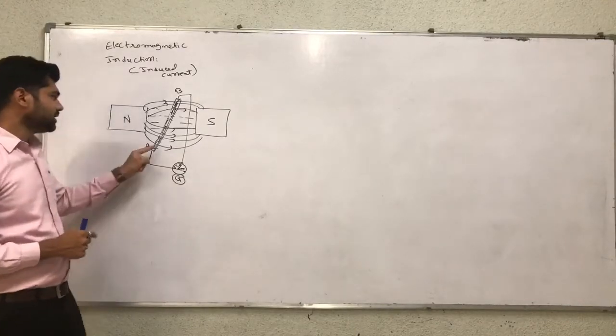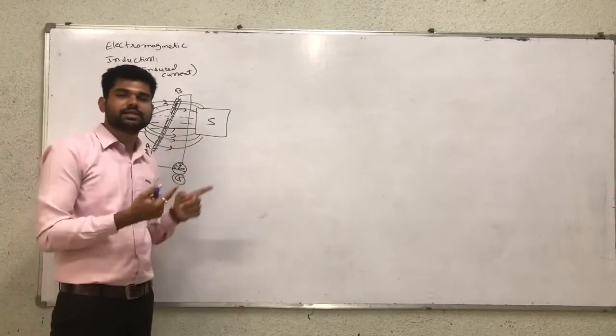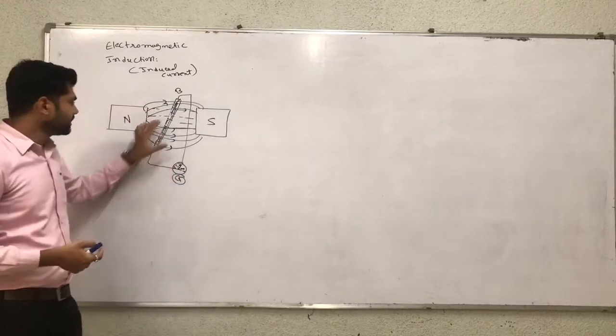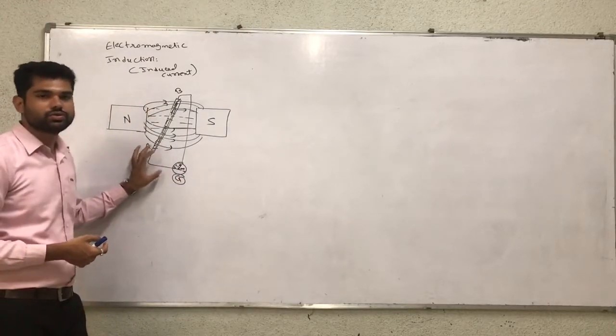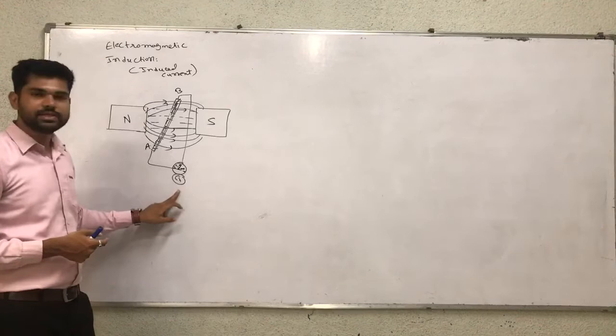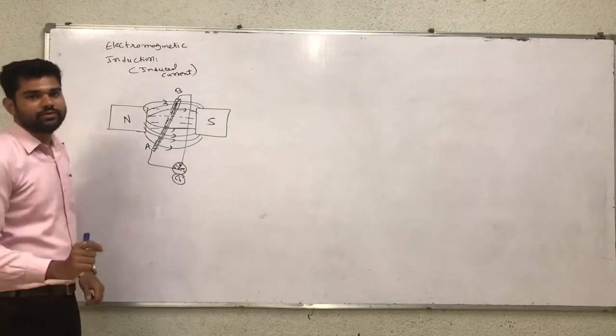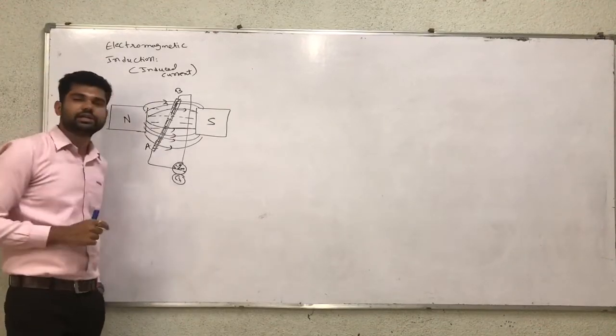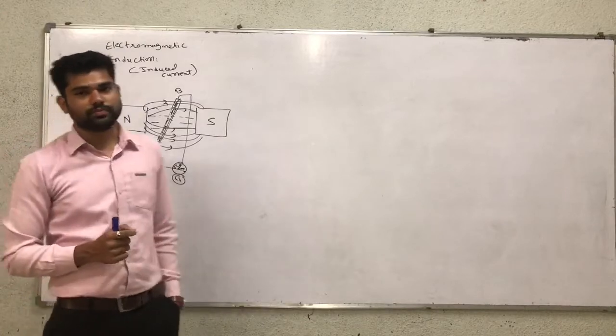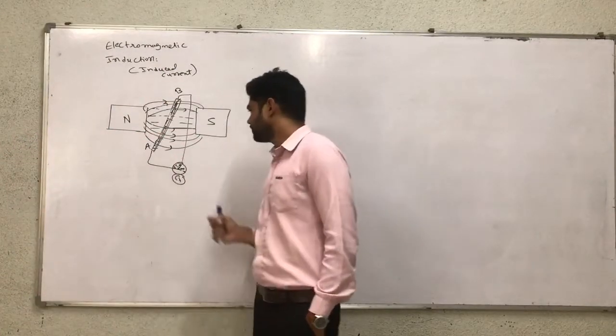So in the first try we move up, in the next try we move the wire down, and both times deflection is seen in the galvanometer. But when we stop moving the electric rod, the deflection in the galvanometer also stops.